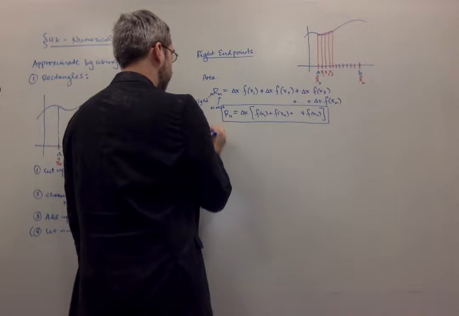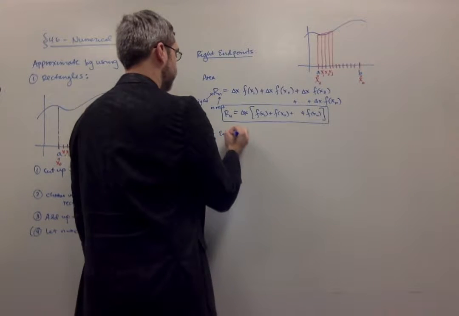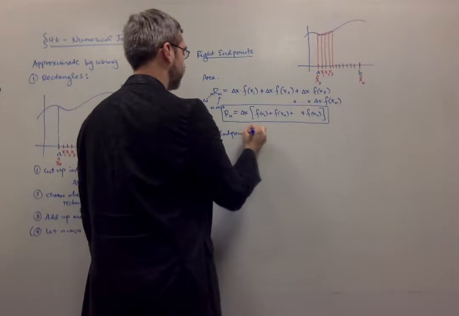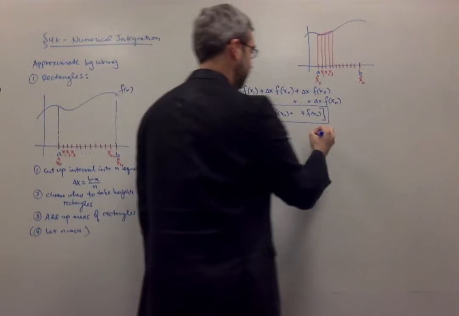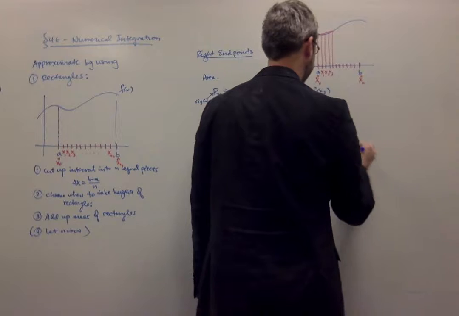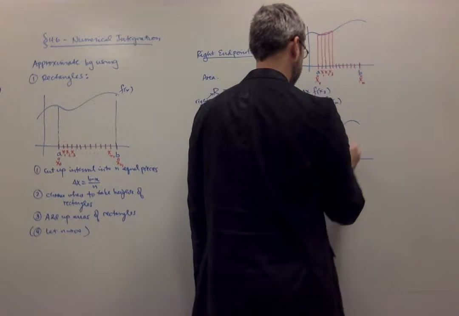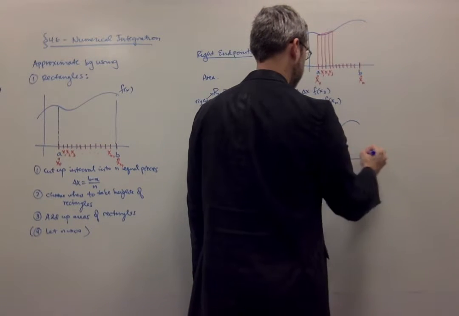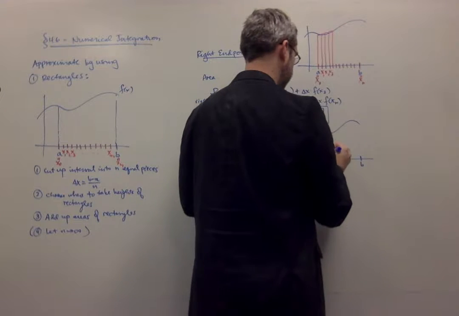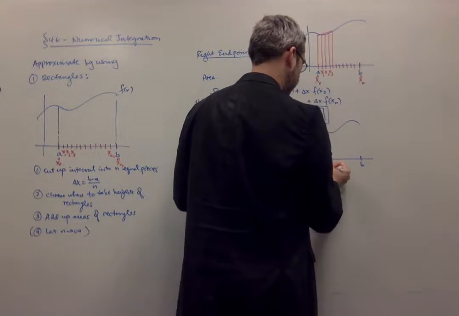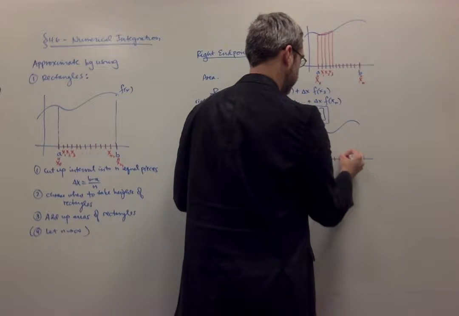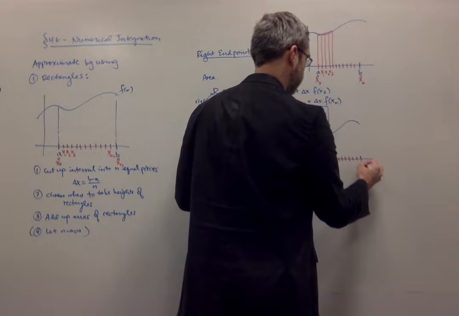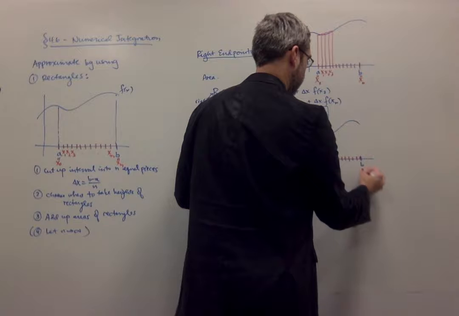Now I don't have to use right endpoints, I could use left endpoints. Okay. So the picture there, going from A to B. Again, this is x0, 1, 2, 3, 4, 5, 6, etc. Okay, the last one's xn.